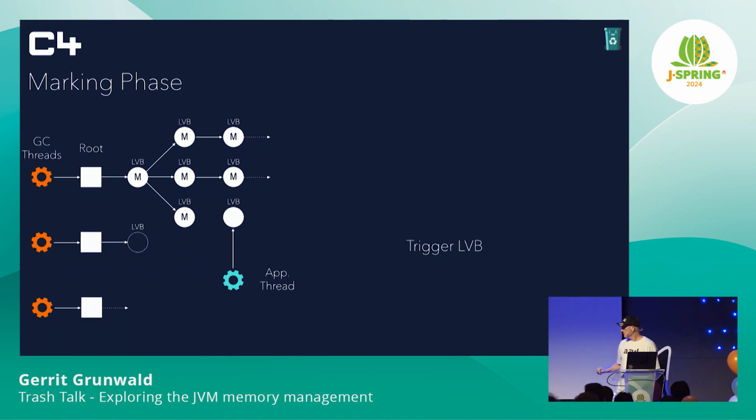Instead, there is a LVB, the loaded value barrier, or read barrier, or colored pointer, whatever you name it. And this piece of code will make sure that this memory cell will be marked as live from the allocator, not from the collector. And then it will tell the collector, like, you know what? I marked this cell. And then the collector knows, oh, OK. So if I do the collection, I have to keep that in mind.